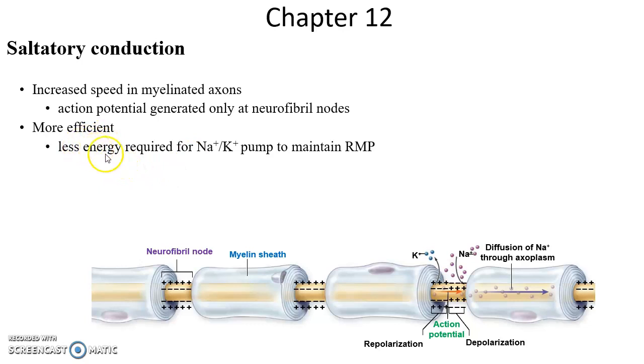And this also is more efficient overall because you need less energy from sodium-potassium pumps to maintain the resting membrane potential, because you only need to worry about it at these neurofibril nodes. So this is actually more efficient in terms of energy for the neuron.